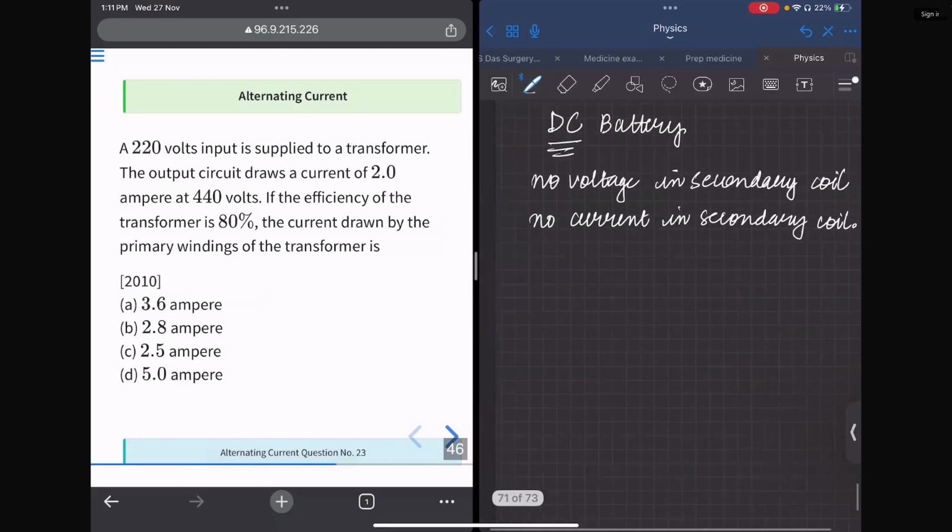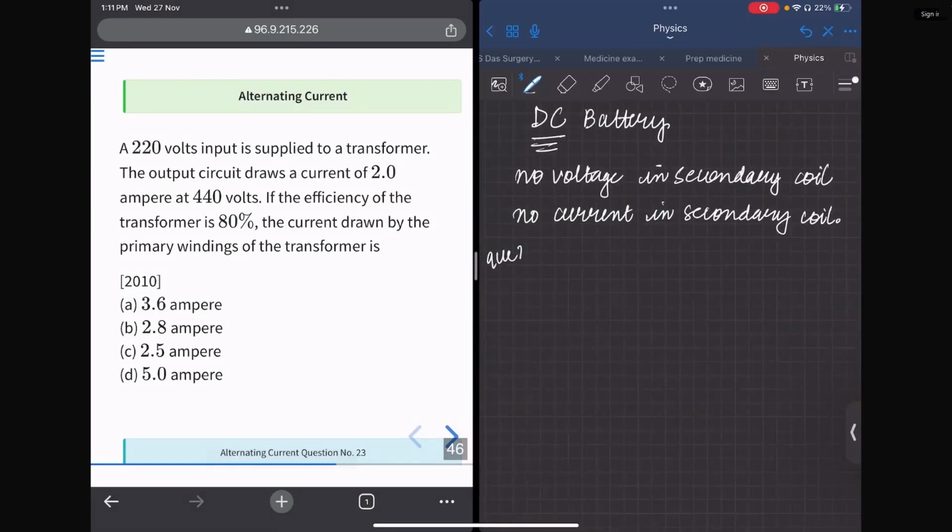Question number 23 is that a 220-volt input is supplied to a transformer. So it is our primary coil, primary, and then we have secondary. So primary, we have VP as 220 volts, the output current.